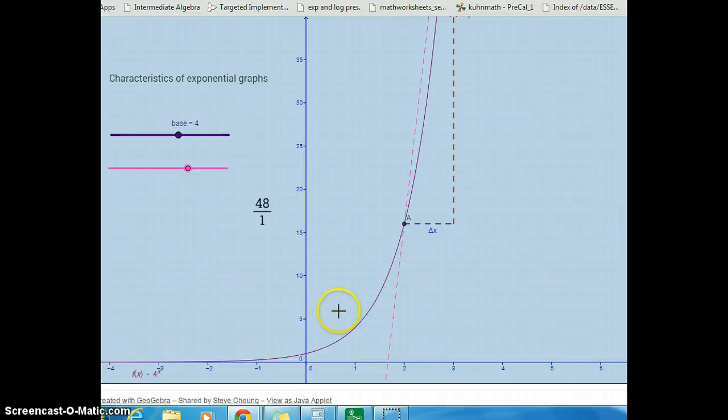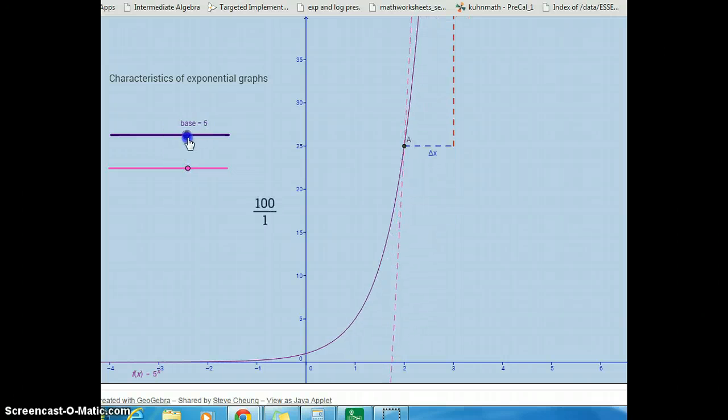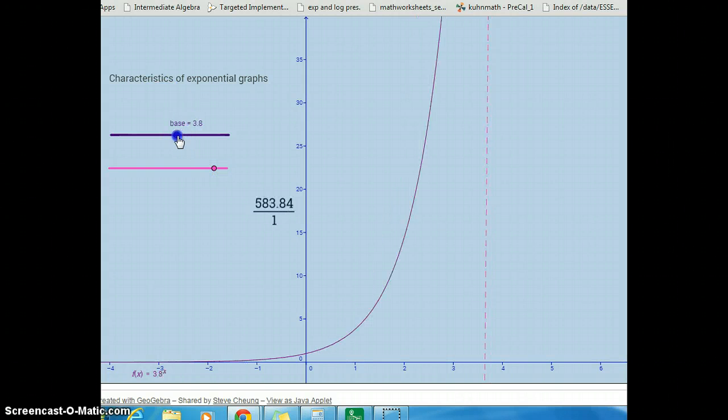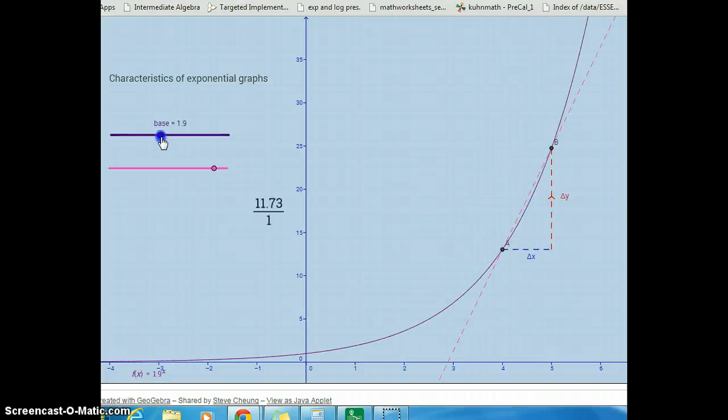Another thing I wanted to point out: if instead of 4 the base is 5, and I start again at the beginning, notice how as time goes by, the slope of that secant line is growing a lot faster now than it did when we did base 2.